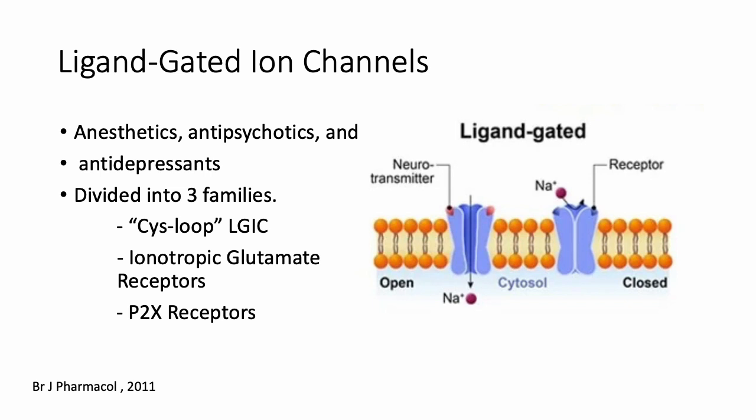Out of these four receptors, the excitatory ones are the nAChR and the 5-HT3R, and the other two, the GABA and glycine receptors, are inhibitory.